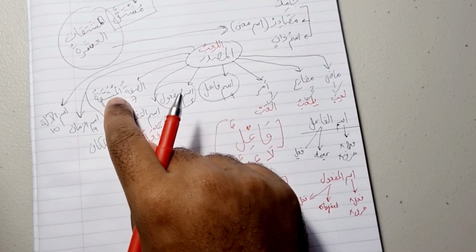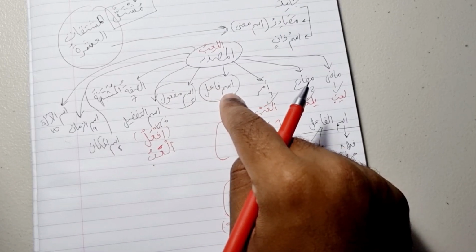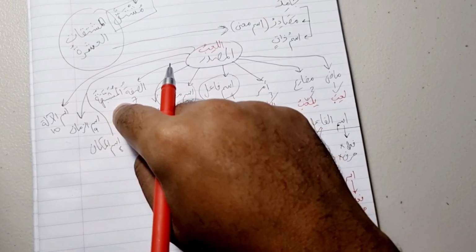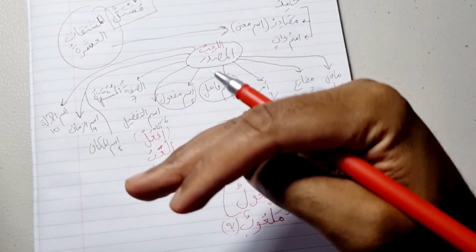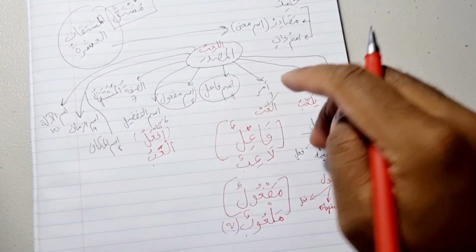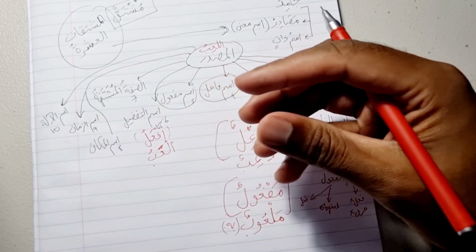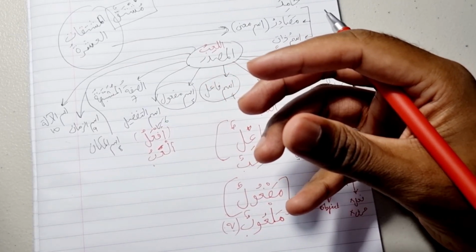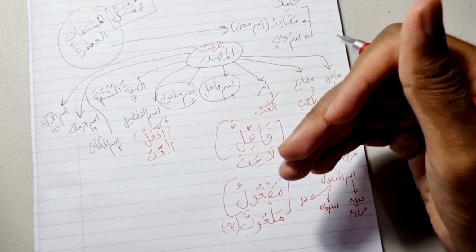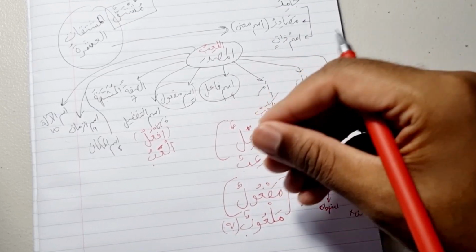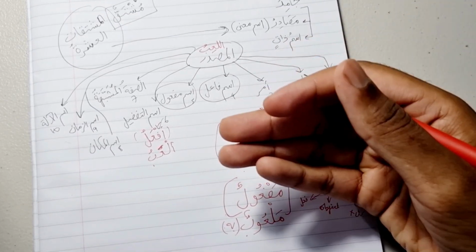Sifa mushabbaha is similar to ismul fa'il, except that sifa mushabbaha indicates a characteristic or a trait that's innate, that is more long-lasting and more permanent than ismul fa'il. Ismul fa'il indicates a characteristic that comes and goes. It's not always there. Like katibun, someone who is writing, is not always going to be constantly writing. He's going to sleep, he's going to take a rest.